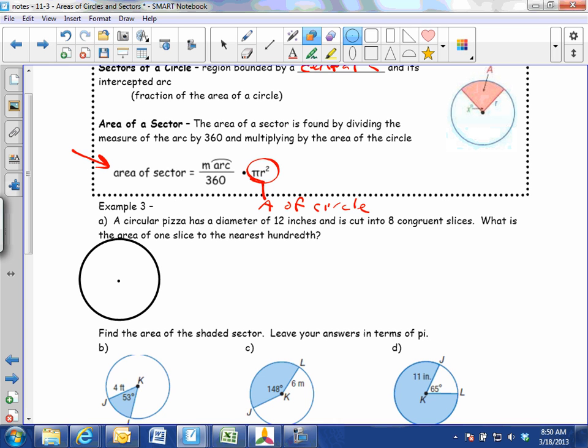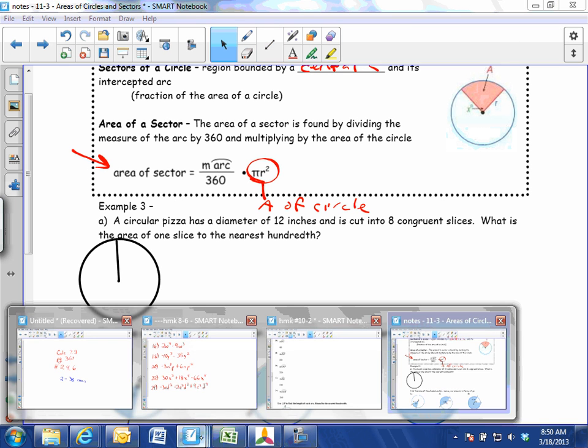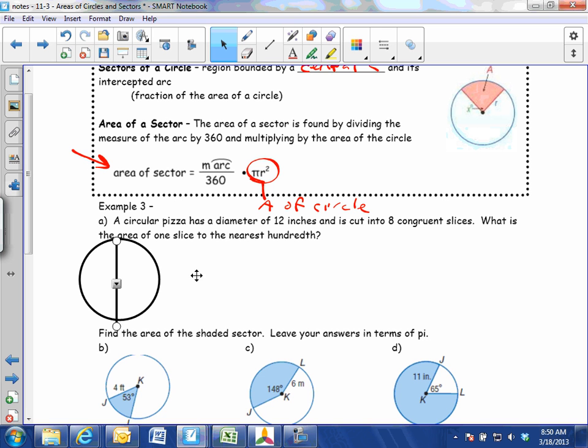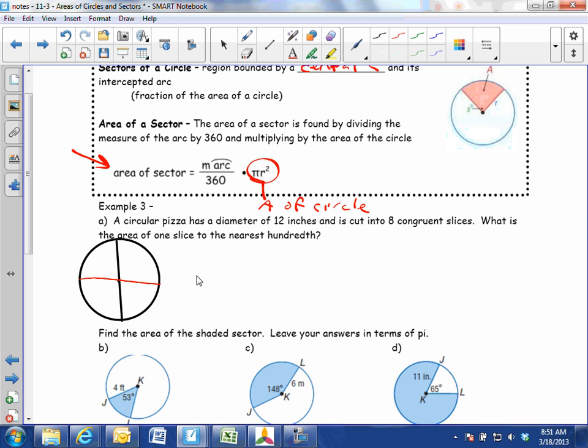Here's our pizza, and we're cutting it into 8 congruent slices. There would be our pizza cut into 8 pieces, right?